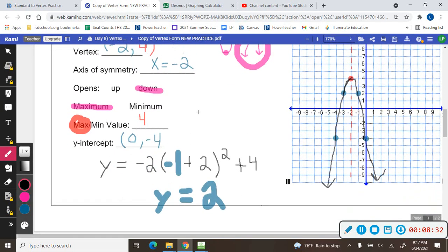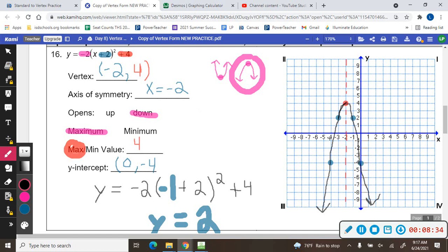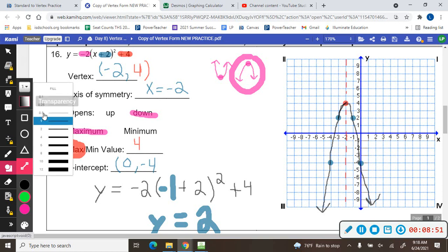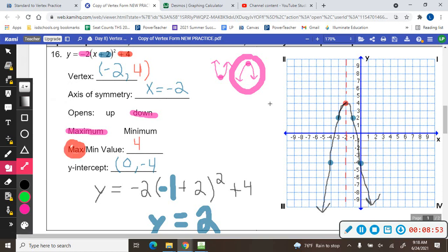Now, other things I want you to know is domain. Domain would be all real numbers. You can plug in any x value you want. The range, though, the tallest this will become. So the tallest this will ever get to is right here at 4.